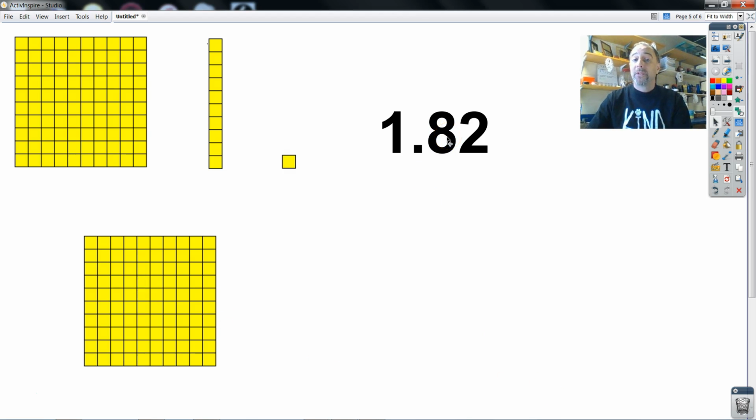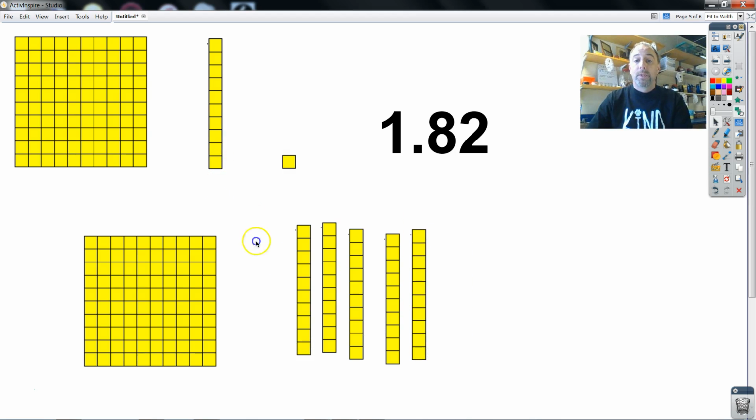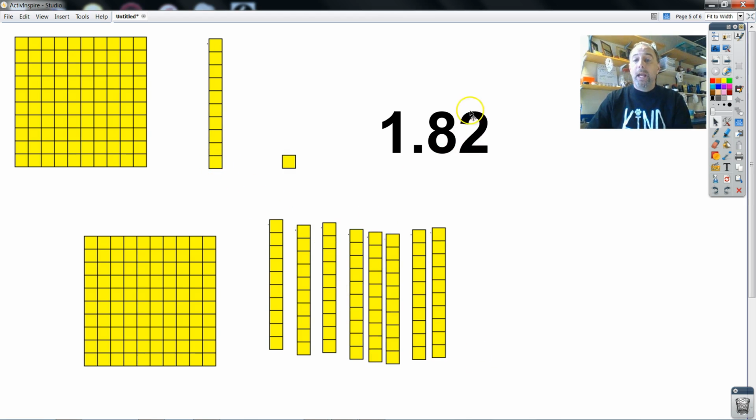I have 8 tenths. 1, 2, 3, 4, 5, 6, 7, 8, and I have 2 hundredths. 1 and 82 hundredths. Again, saying the place value of the last digit.